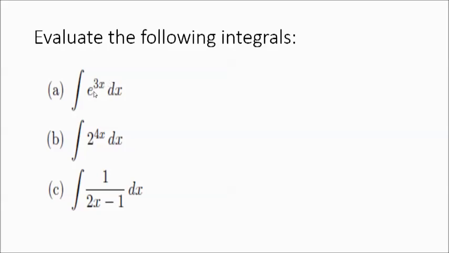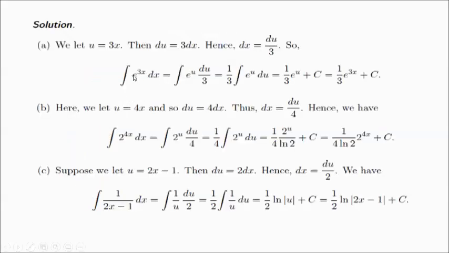So integral ni e raised to 3x. Ayan. So kailangan yung substitution dito. So u is equal to 3x. And then du would be 3 dx. Kailangan isub din si dx, so kailangan ayusin yung equation. So dx equal to du over 3.